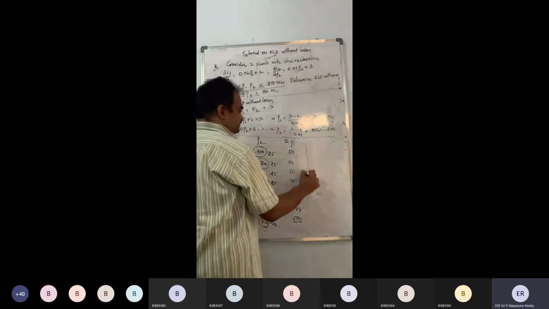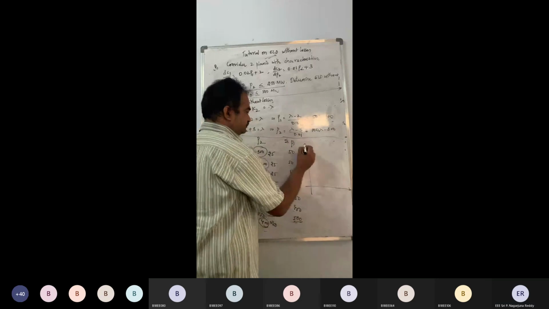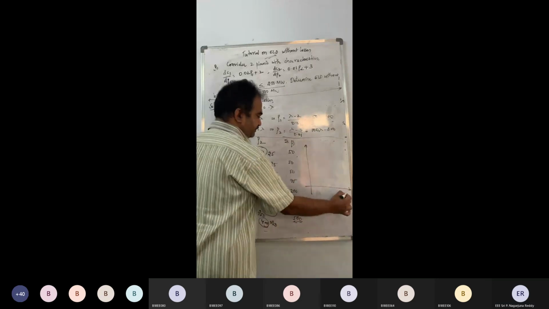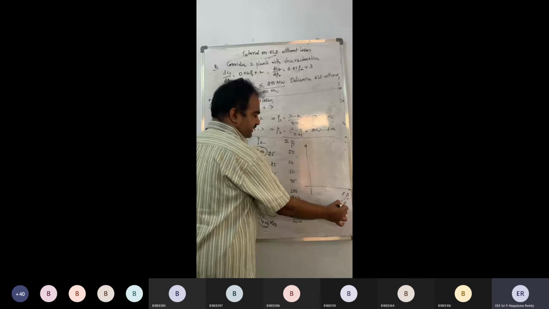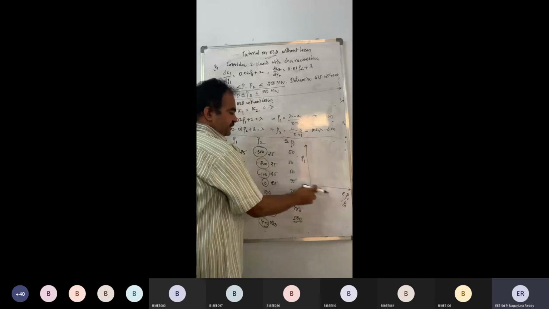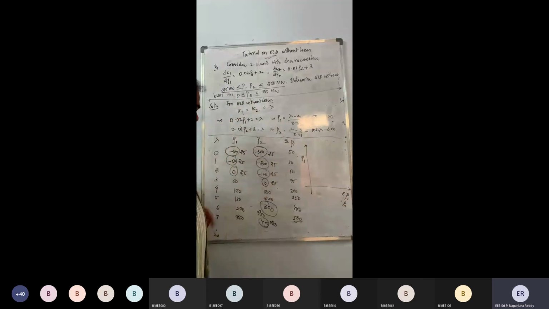Now, if I plot the graph, sigma Pi, or what you call it as a PD. First of all, P1 with respect to PD. This is on x-axis. This is on y-axis. Up to generation 75.